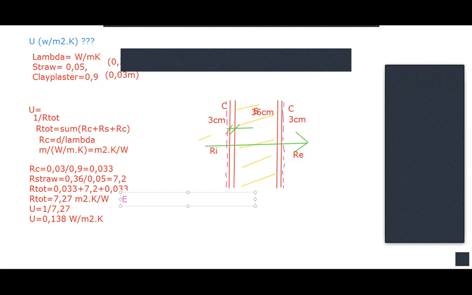So in pink color, the more correct calculation here is that we have R total 0.30, so Ri plus the sum of what we had, which is 7.27, plus our Re, which is 0.13 plus 7.27 plus 0.04.